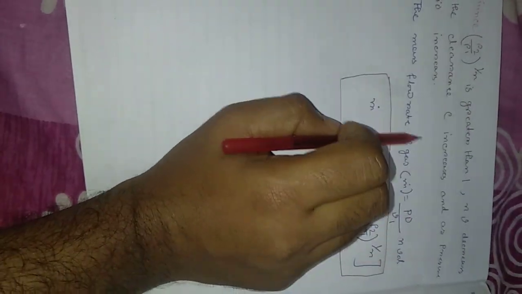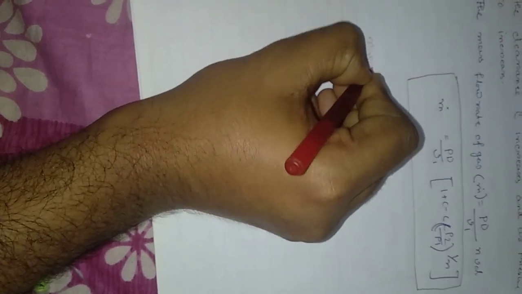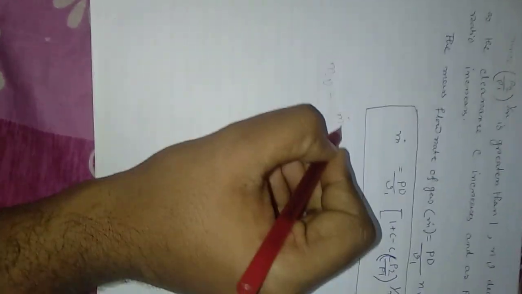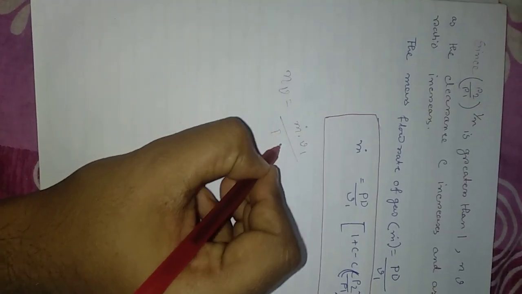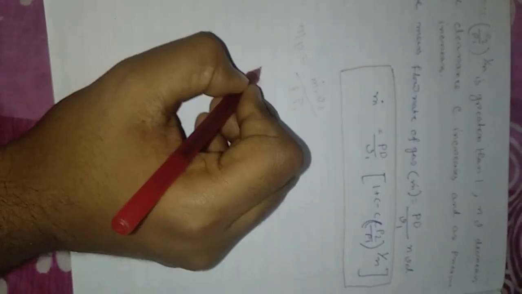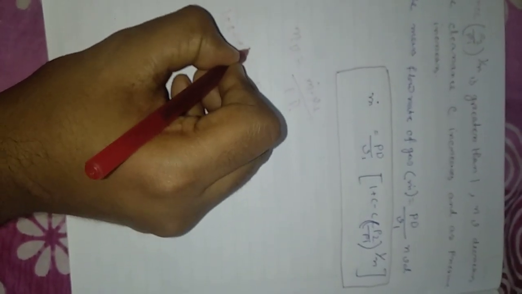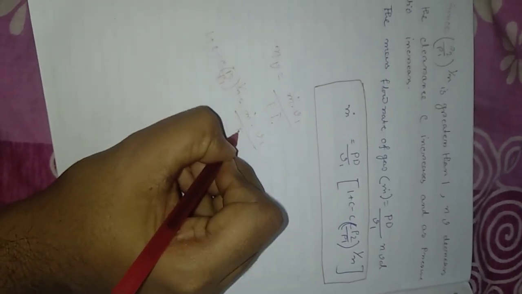Okay. Now the mass flow rate from the previous expression, because we know that volumetric efficiency is the mass flow rate into V1 divided by the piston displacement volume. So volumetric efficiency, 1 plus C minus C into P2 by P1 to the power 1 by n, equals M1 into V1 divided by PD.